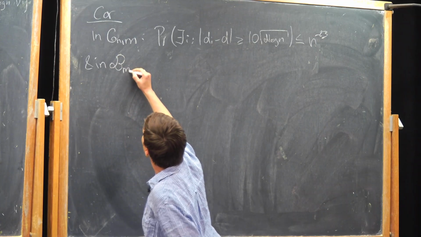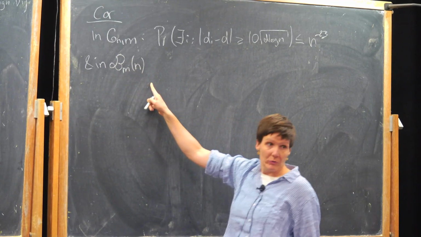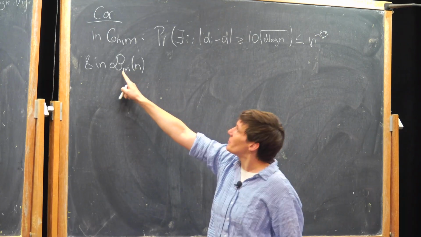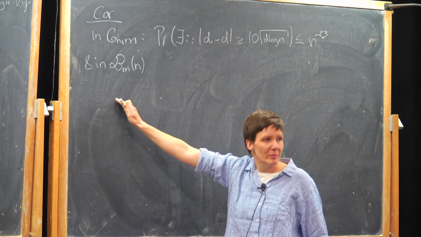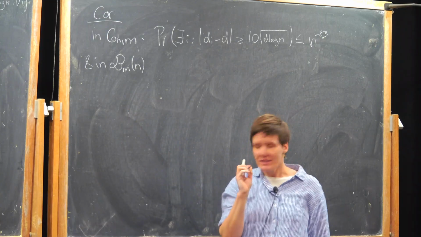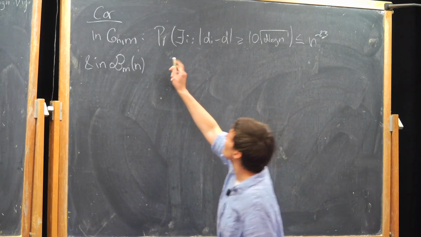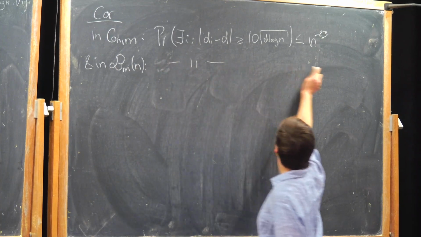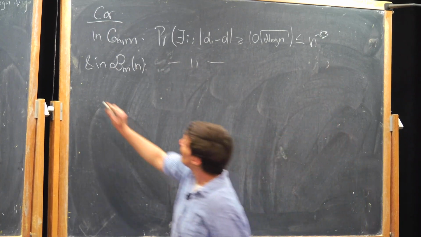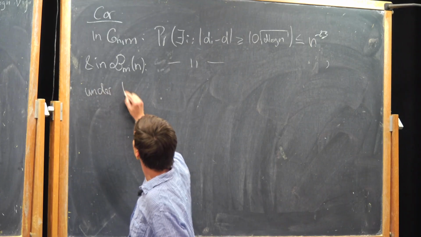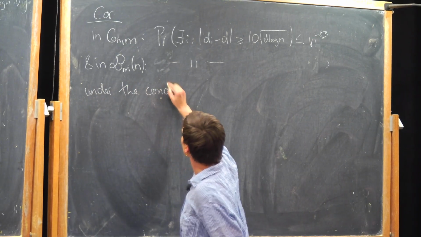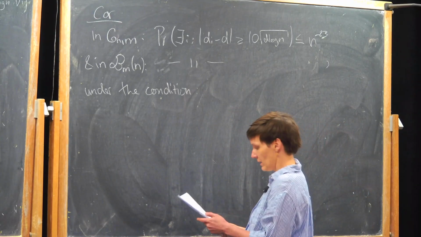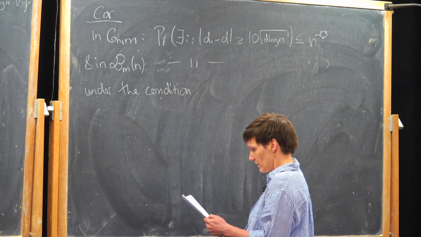And while we are at this, we might as well do the same thing for the distribution for this B(m,n), which is also a hypergeometric with almost the same average, but exactly the same bounds. So exactly the same bounds hold under the condition that, what did I write for conditions?